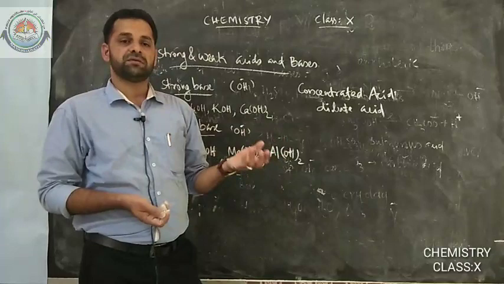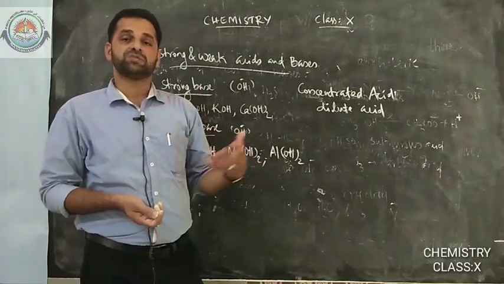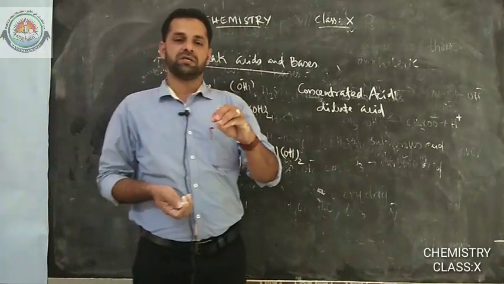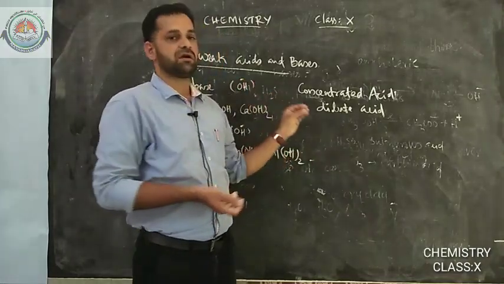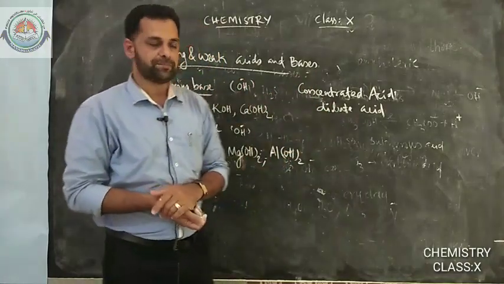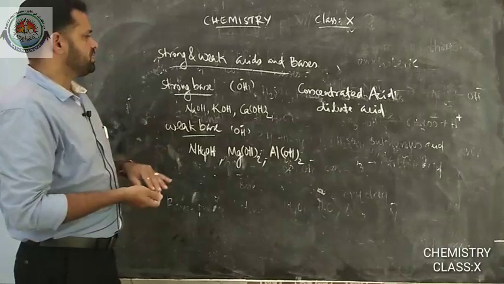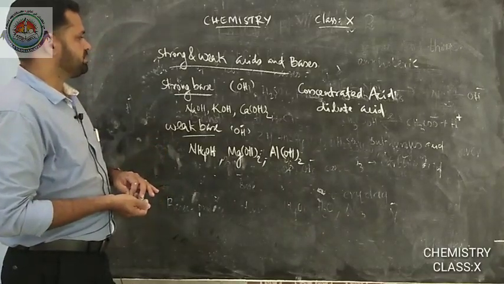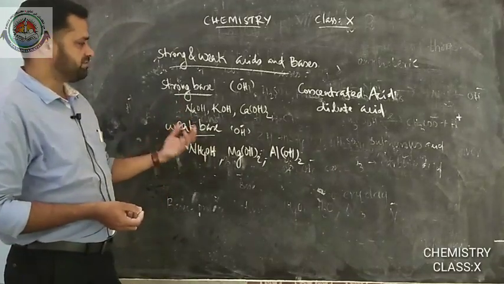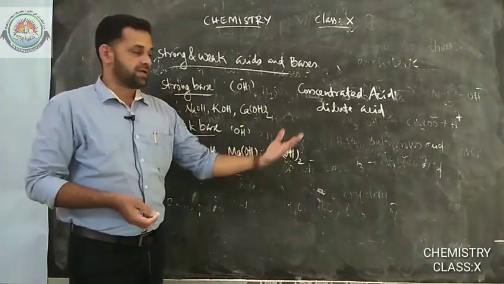And dilute acid means majority is water and the small quantity will be acid. That is called dilute acid. Okay, so these are the general concepts of acids and bases: strong acid, strong base, weak acid, weak base, concentrated acid and dilute acid.